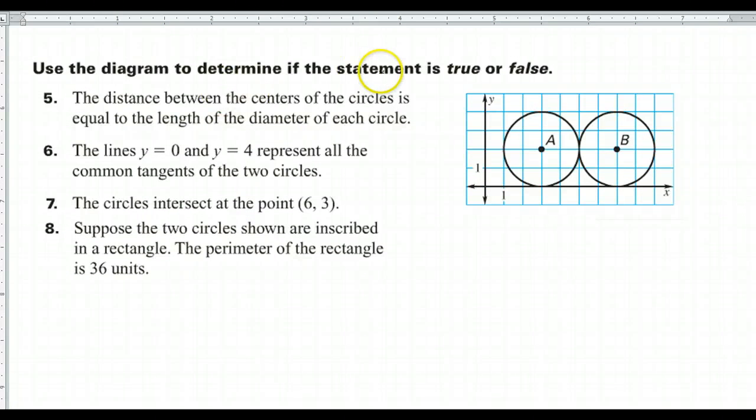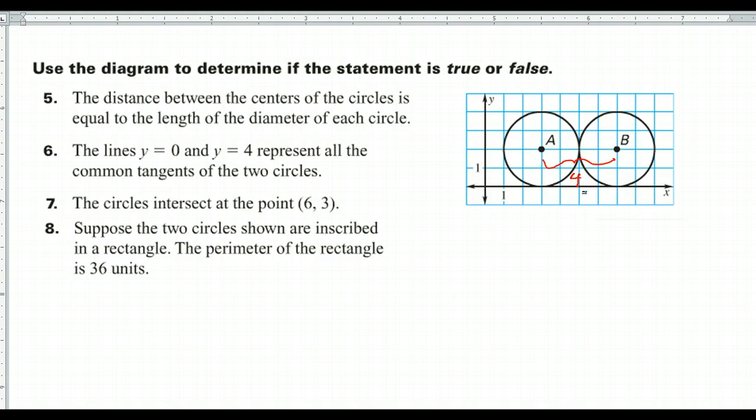Use the diagram to determine if the statement is true or false. The distance between the centers of the circles is equal to the length of the diameter of each circle. Well, the distance between the centers of the circles is 4. Yeah, I'm just counting squares. 1, 2, 3, 4.